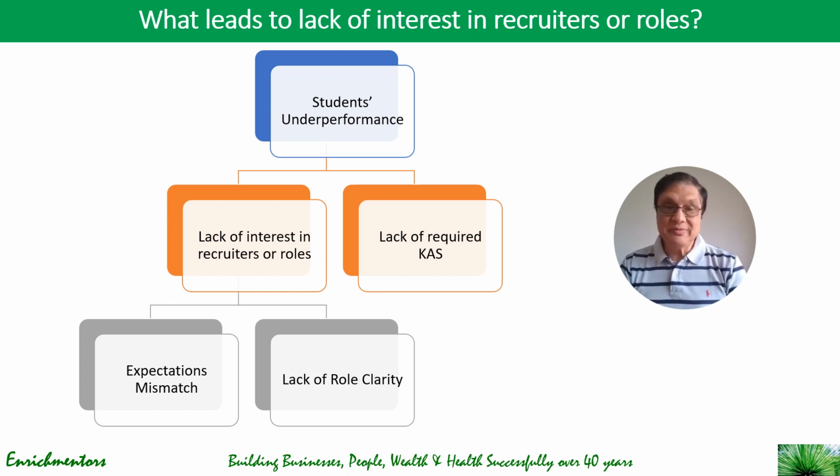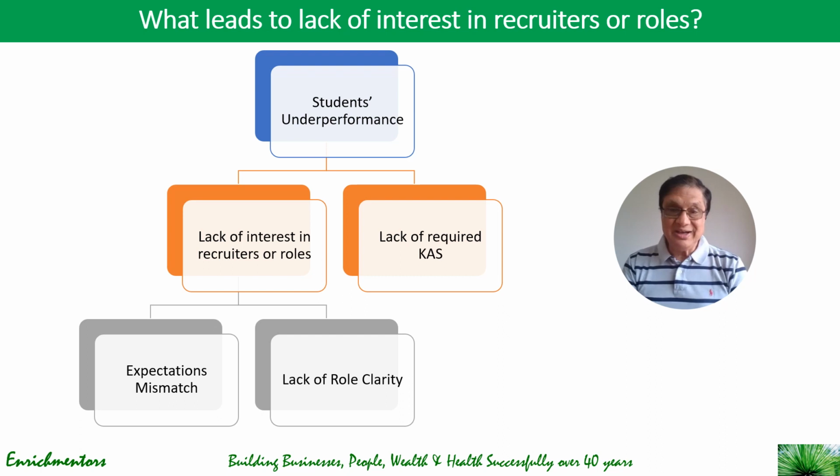So that's one reason. The second thing is lack of clarity. They're not very clear about what exactly data scientist means. They think it has to do with doing experiments in the lab with the data, and when they hear about the role at the company, it talks about something else, and that leads to their lack of interest again in that role or in that recruiter.